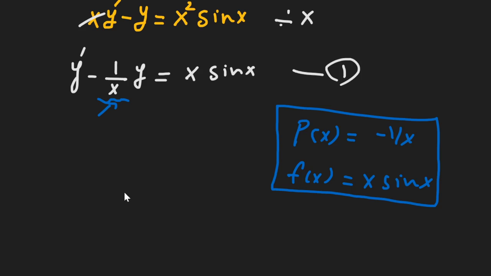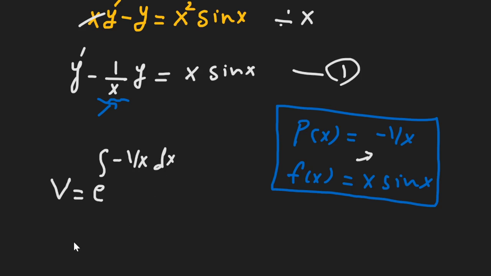So now what you need to do is find the integrating factor, which we agreed in the previous video to be v equals e raised to the integral of b of x. And now we have b of x, which is minus 1 over x dx.